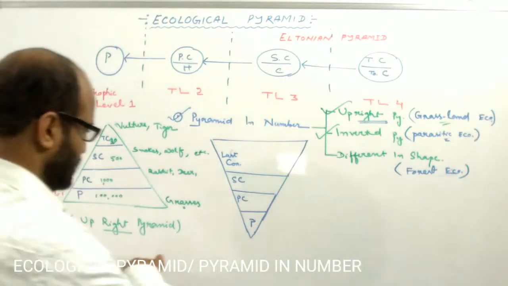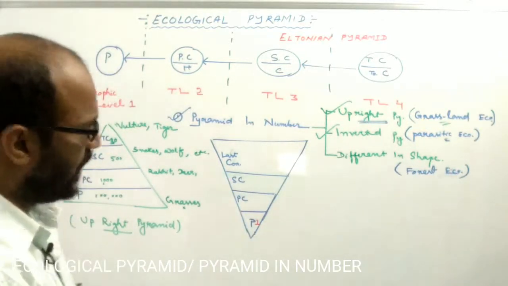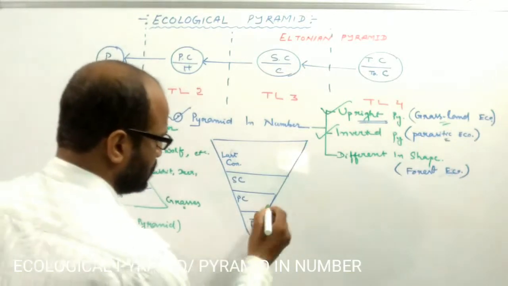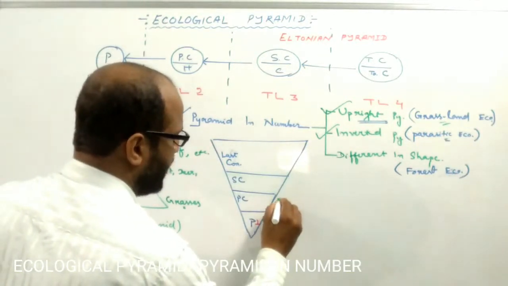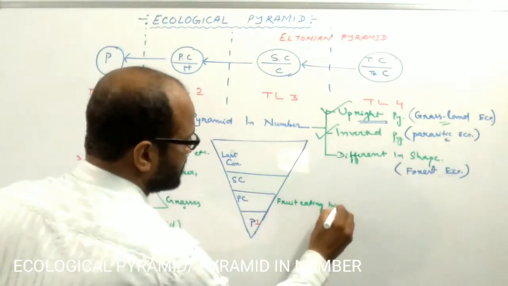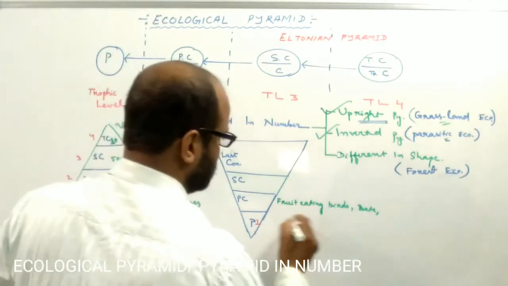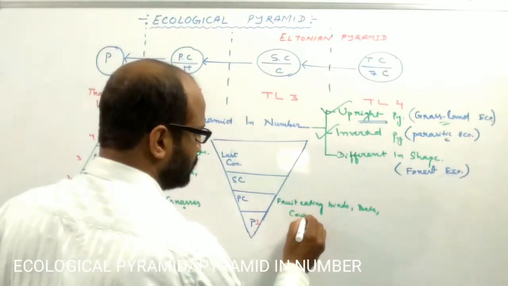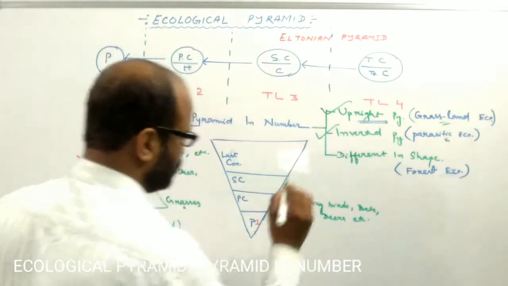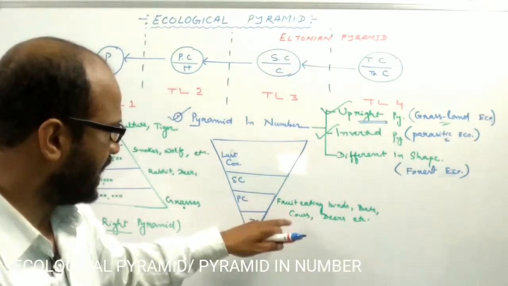So suppose that one large tree supports so many fruit eating birds, bats, then cows, then deers, etc. So one large tree supports so many fruit eating birds, bats, cows, deers.